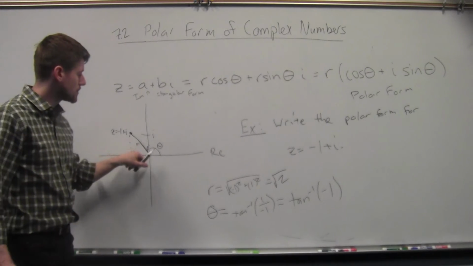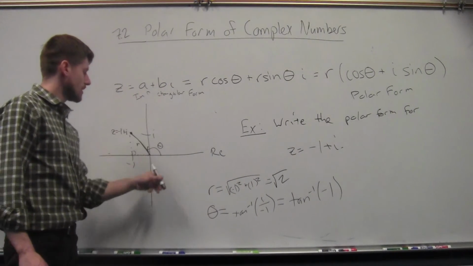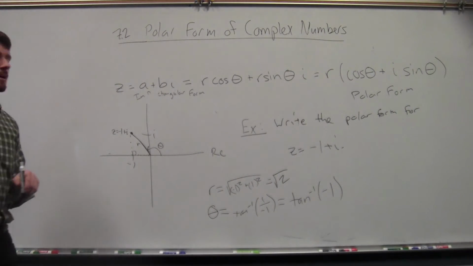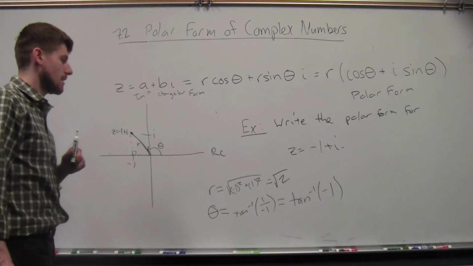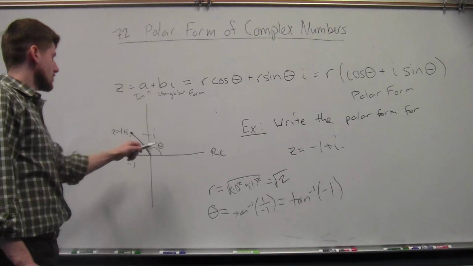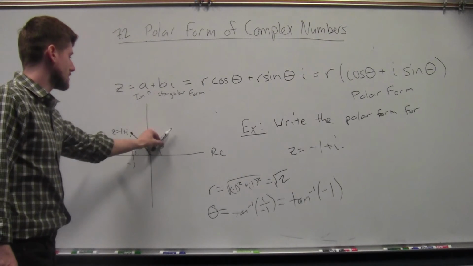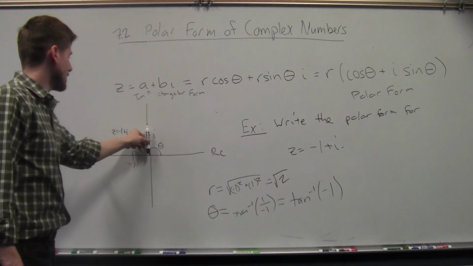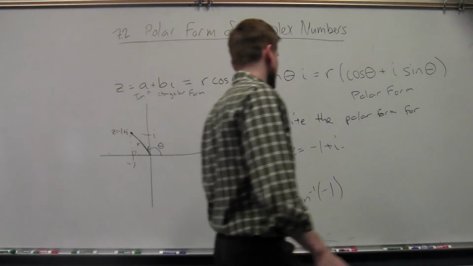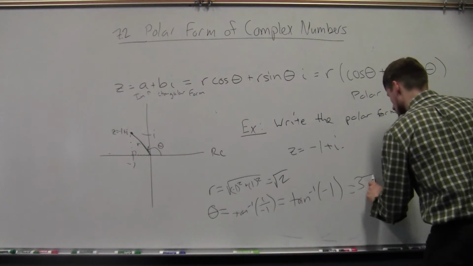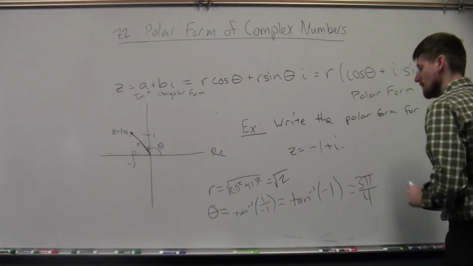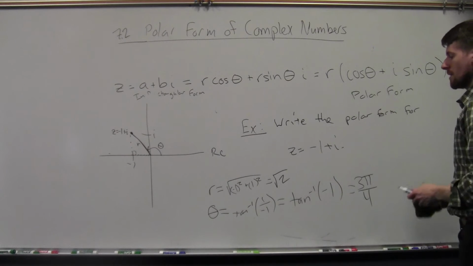The ones that have slopes 1 and -1 are nice fractions of pi. We know exactly what those angles are. So in this case, if I think about this is pi over 4, 2 pi over 4, 3 pi over 4. This is equal to 3/4 of pi. So here's my angle, and there's my magnitude.